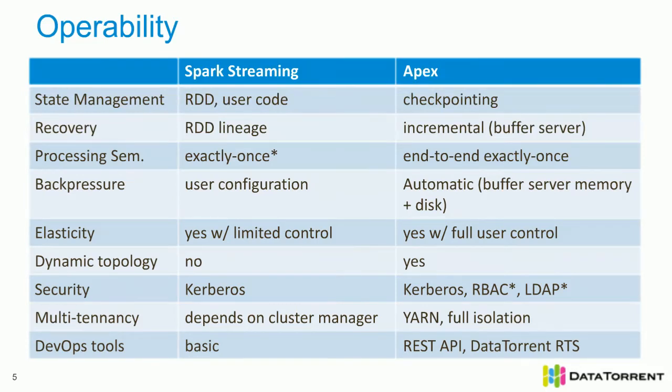So operability, we consider operability very important. It is an important factor to consider for time to market and the ability to maintain a system in production. Sometimes we focus a lot on the application programming interfaces and how the developer would put together an application.